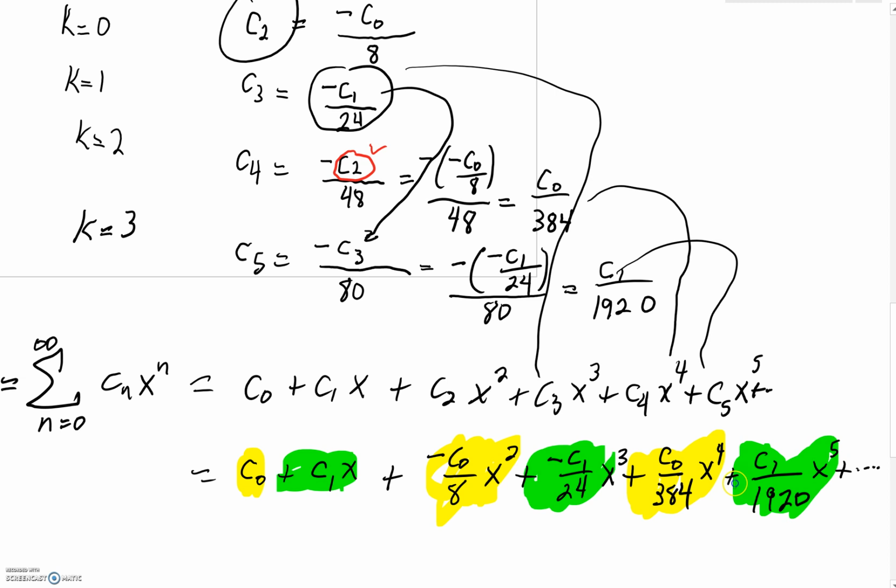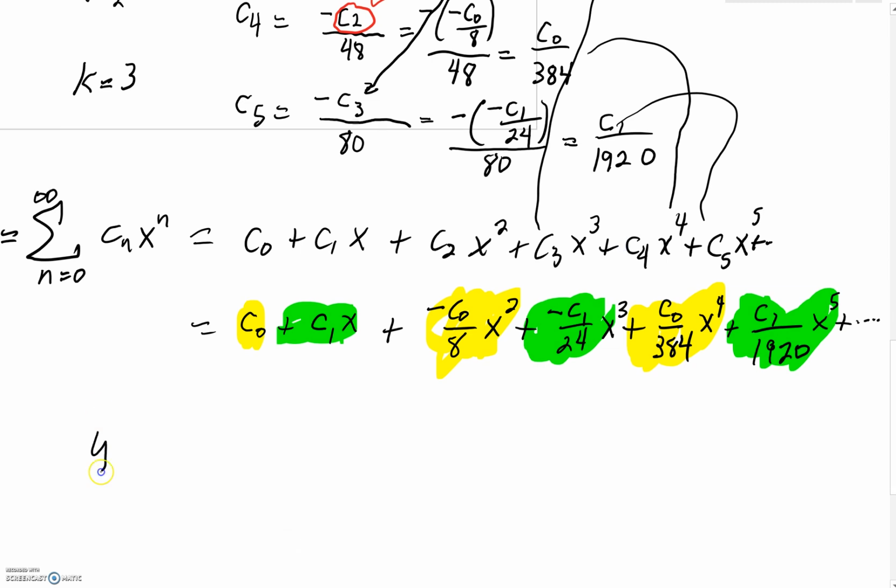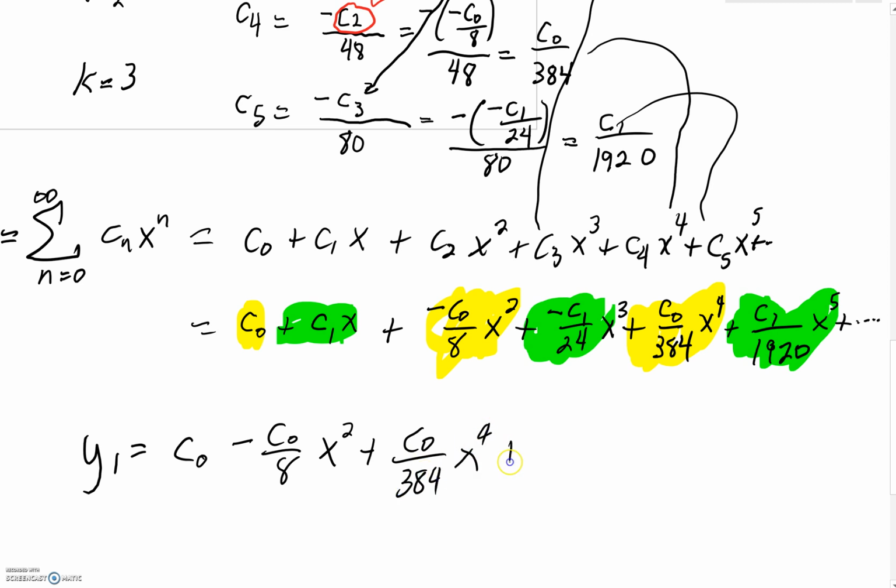And that means that we could write very quickly now that y sub 1 right here would be, with c sub 0 in yellow, c sub 0 minus c sub 0 over 8 x squared plus c sub 0 over 384 x to the 4th. You can see just copying everything that we had highlighted in yellow.